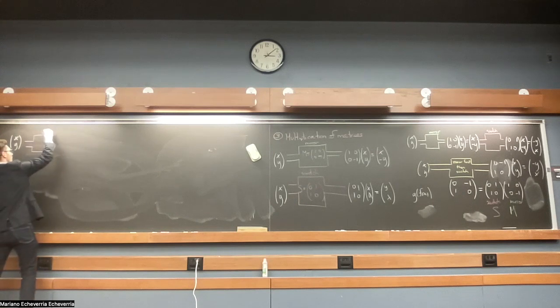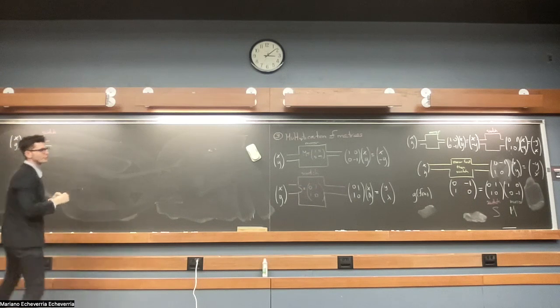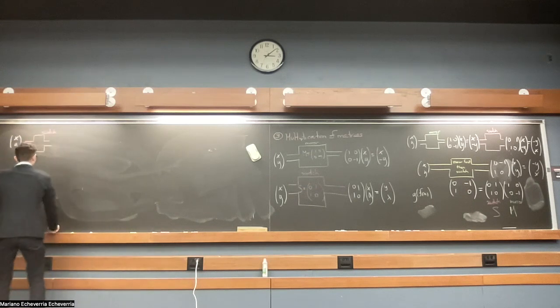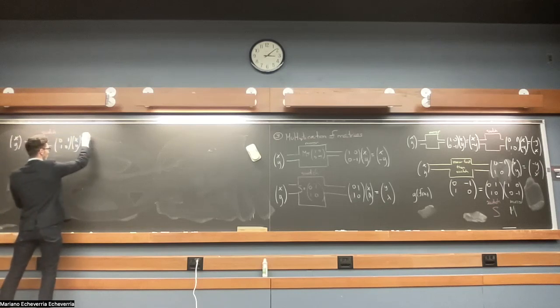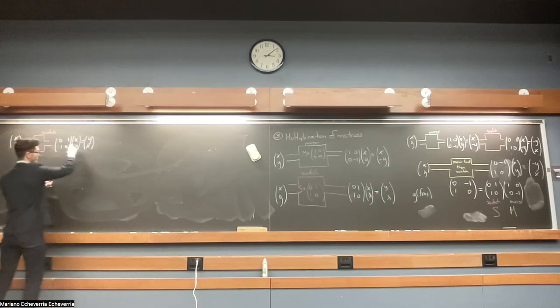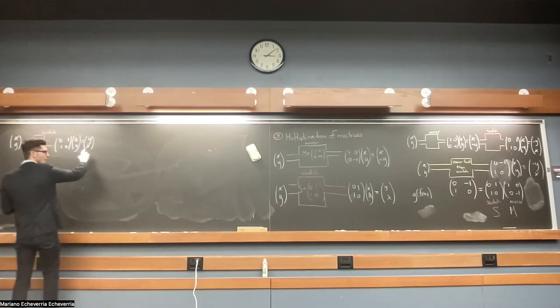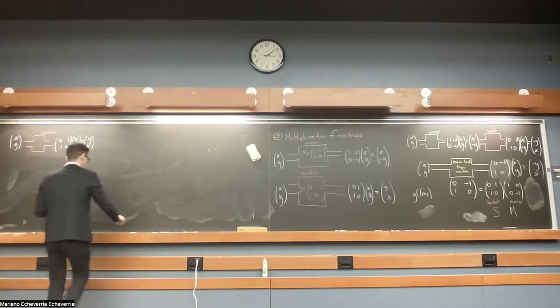So when you switch, again, this was the matrix 0, 1, 1, 0 times x, y, which gives you y, x, right? That was the effect of the switching. And now this is the one that I'm going to run through the mirror operation.